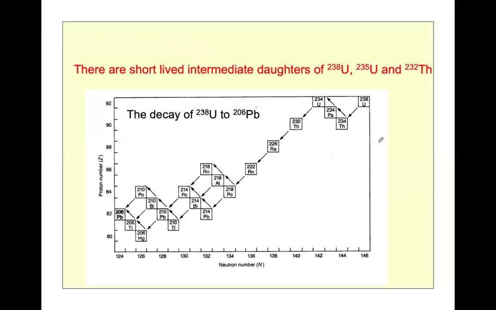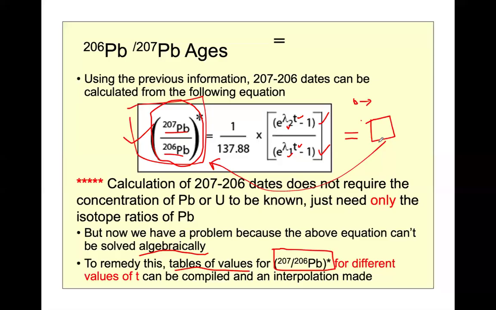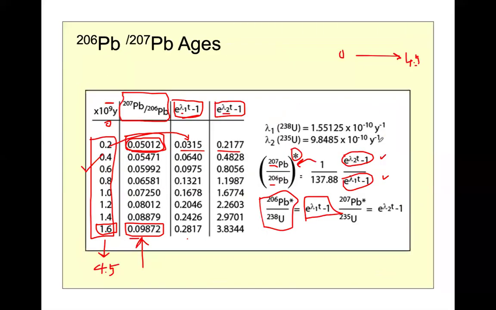So what you are getting here is this value, right? 206, 238, 207, 235. Okay. So this is the radiogenic amount. This is the radiogenic amount.